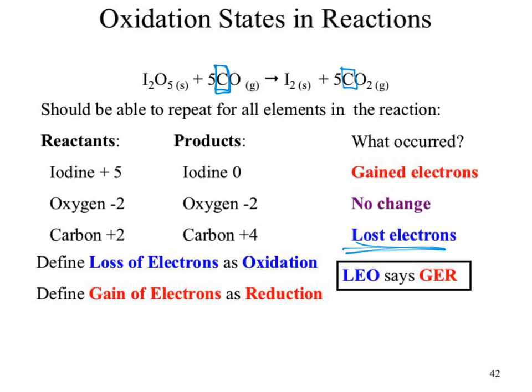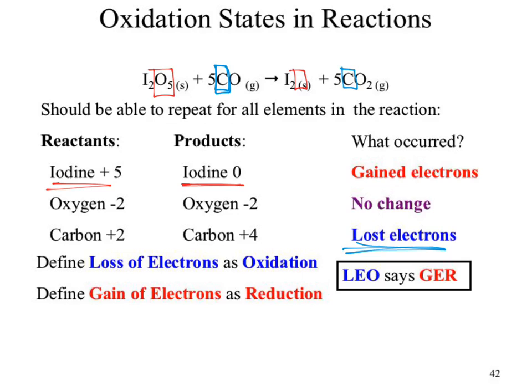What happened to the iodine in the course of the reaction? We've got a couple options. Number one, we could look at the number of oxygens bound to the iodine. Does it have more or less? Less oxygens, which means we reduced the amount of oxygens. Reduction.